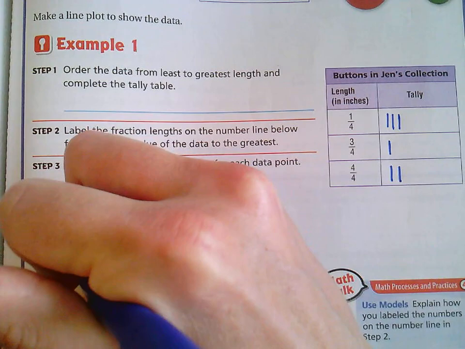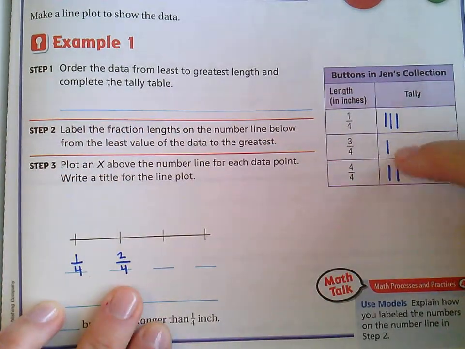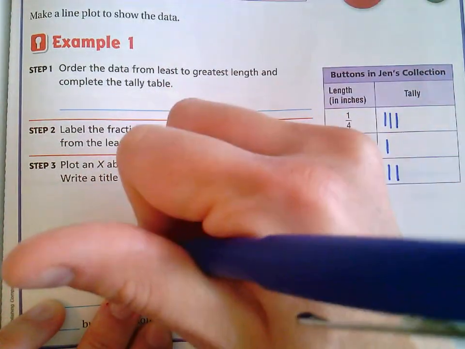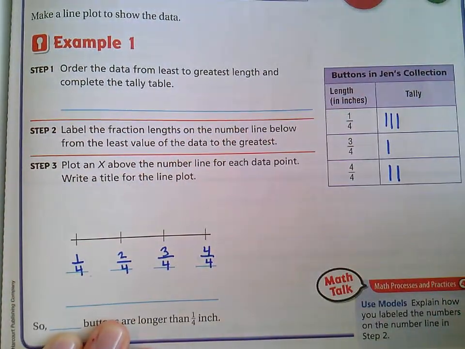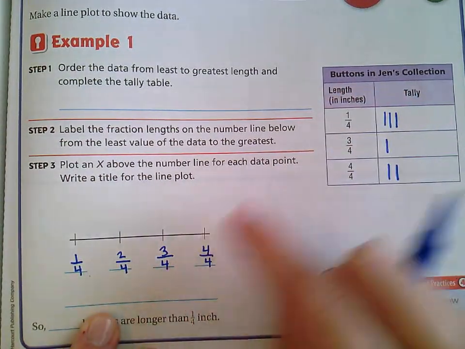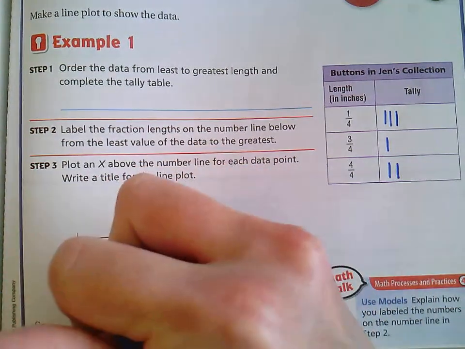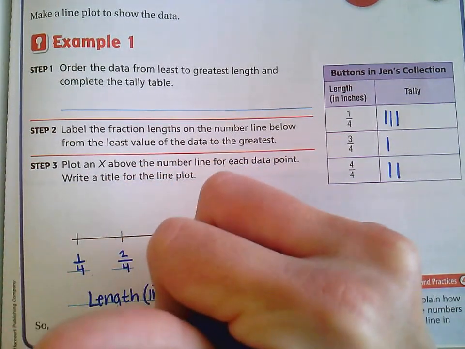It wants you to write 1/4, 2/4. Even though we don't have it here, it's still a length. 3/4 and 4/4. And then on the line, we're going to write what we are writing. These aren't just fractions, right? They are the length in inches.